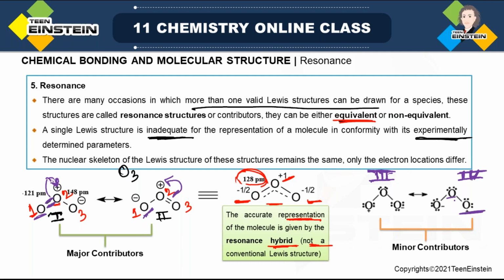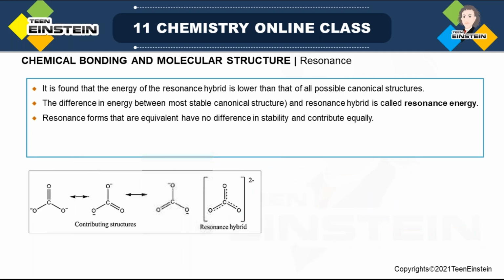It is not that all the resonance structures are equally valid. Here a total of 4 structures you can draw, but out of these 4, 1 and 2, which are equivalent to each other, we are giving more significance, because these resonance structures have more stability compared to these minor contributors. But how to understand that? For that we have to know the rules to decide which resonance structure will have more contribution.